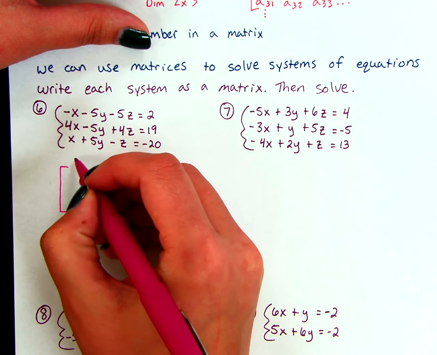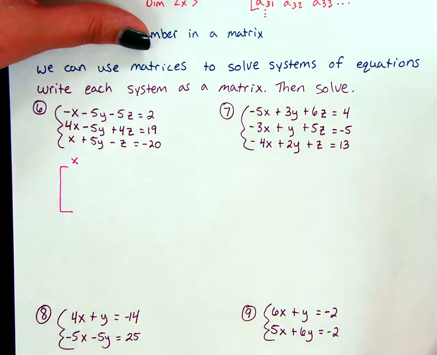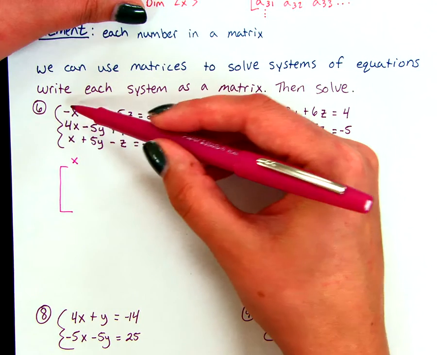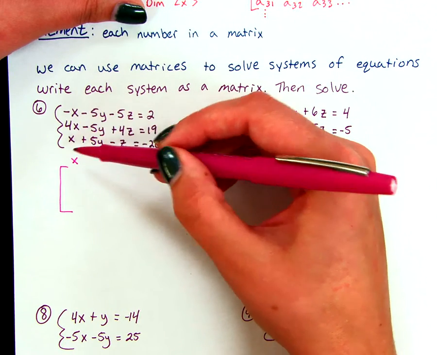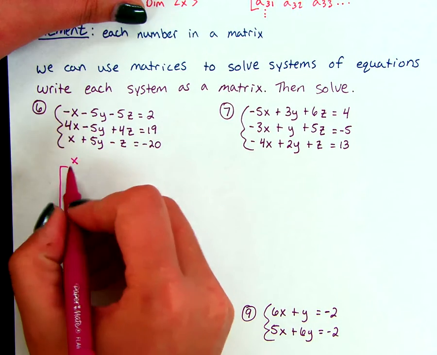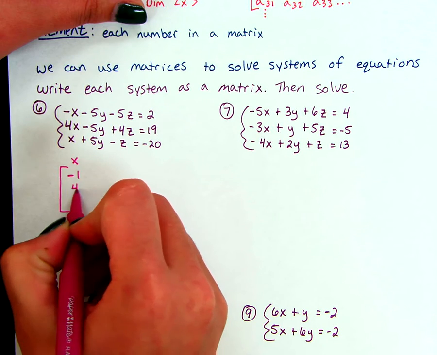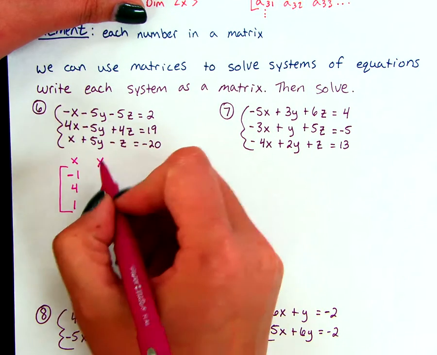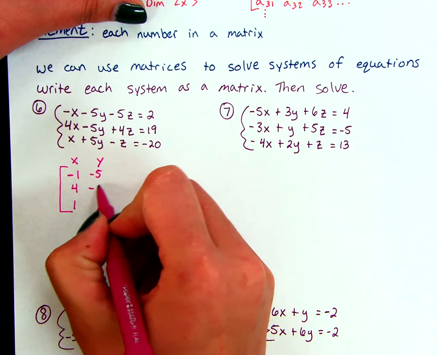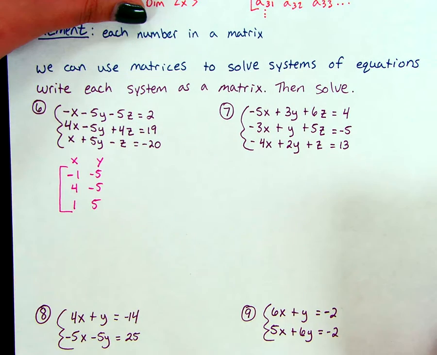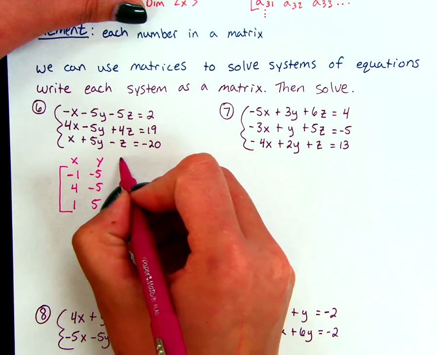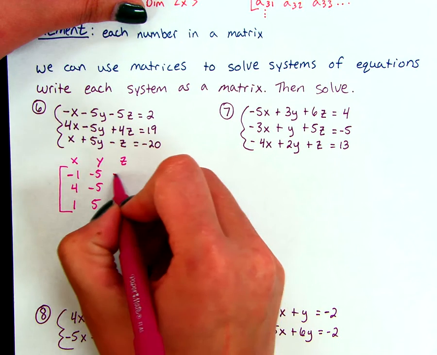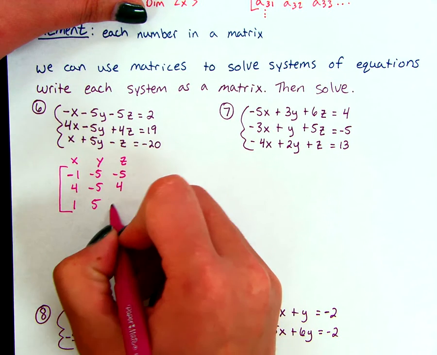So my first column, we're going to put all of the coefficients of x. So I'm just going to go kind of down my x column and write the numbers. So this one would be -1, 4, and then 1. And then the y coefficients would be -5, -5, and +5. And our z coefficients are -5, 4, and -1.